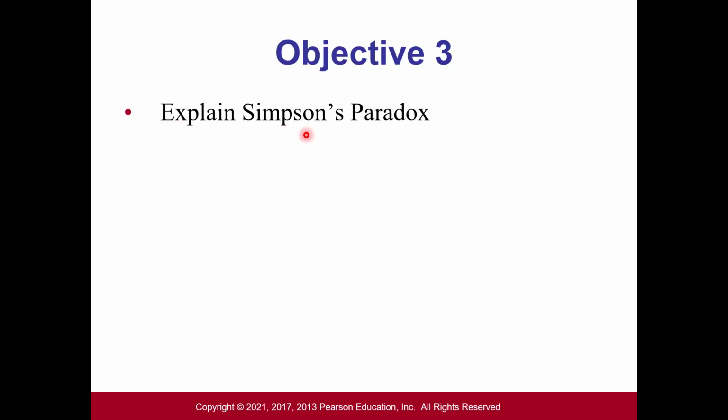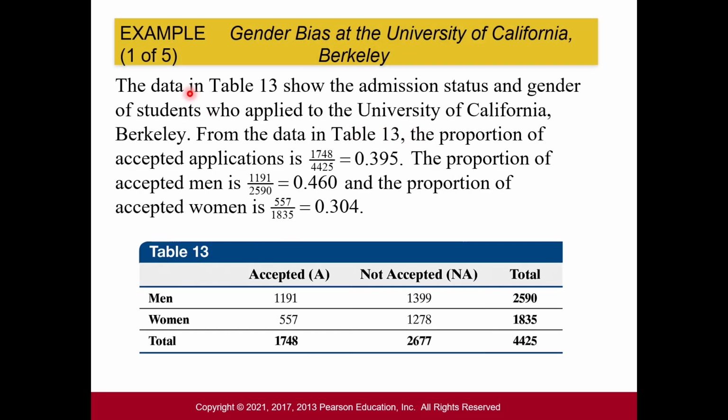Now let's talk about Simpson's paradox. Let's take a look at this example. The data in this table show the admission status and gender of students who applied to the University of California at Berkeley. From our table, we can see that the proportion of accepted applications is about 39.5%, and we get that from the total accepted over the whole total that applied.